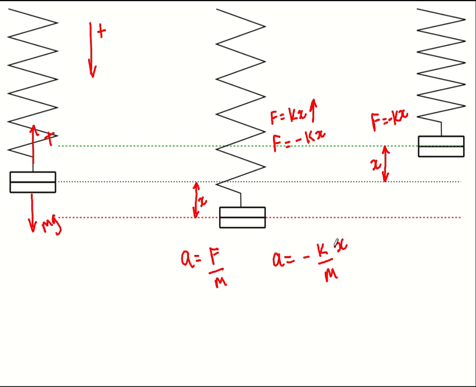If we take the x out, then that is in the same form as a equals minus omega squared x. Forgot the minus sign, so I'll just put that in.